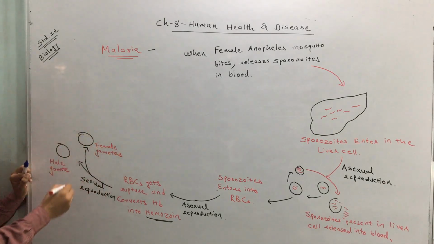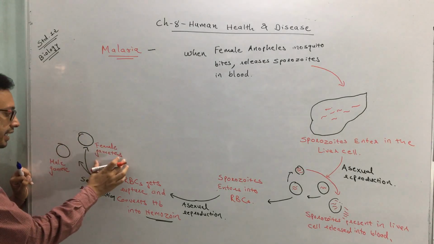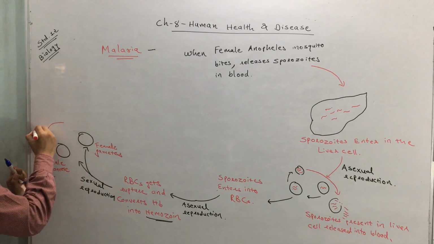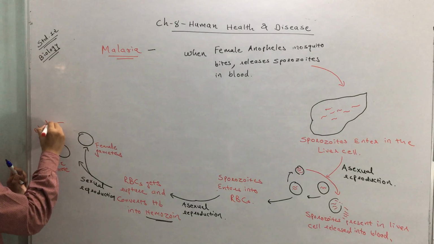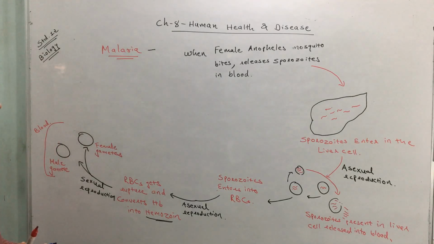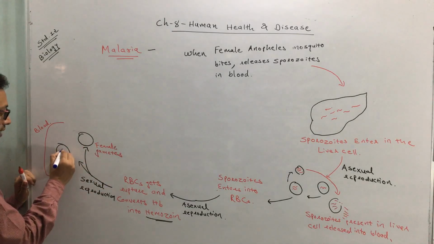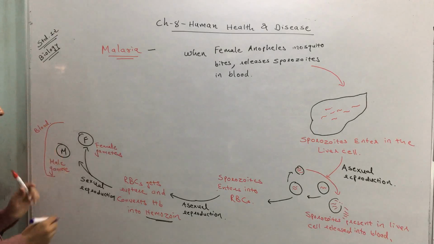So in the blood, there is a formation of a male gamete and a female gamete. So this process occurs in the blood of a human being. Okay. Now what happens? The male and the female gamete, I'll just note it down. This is a male gamete and this one is a female gamete.